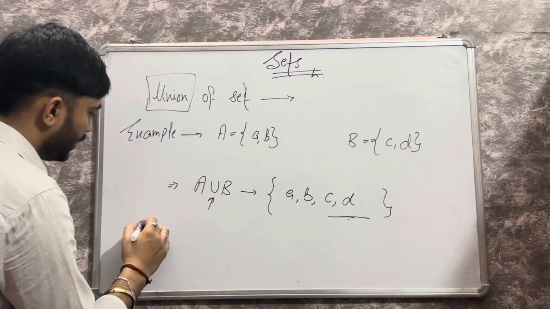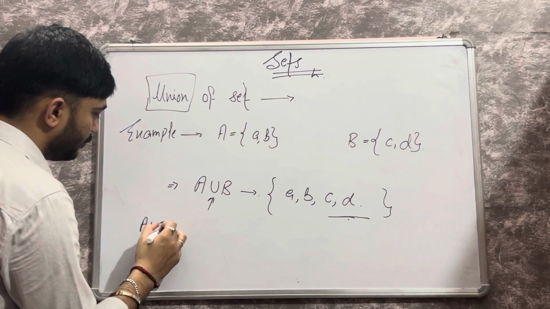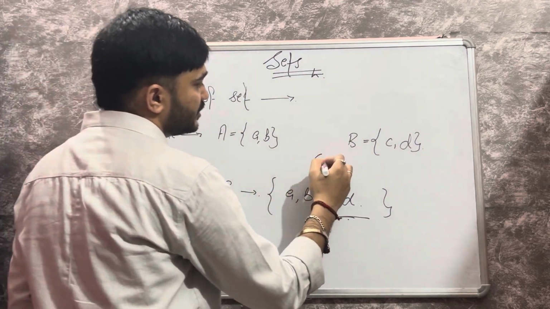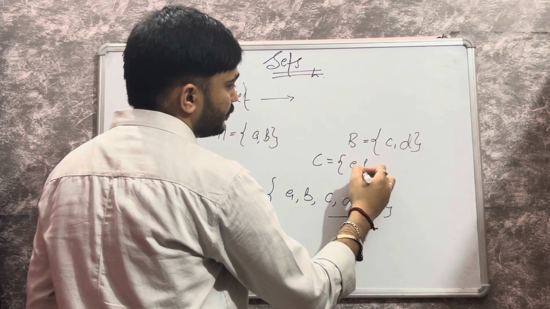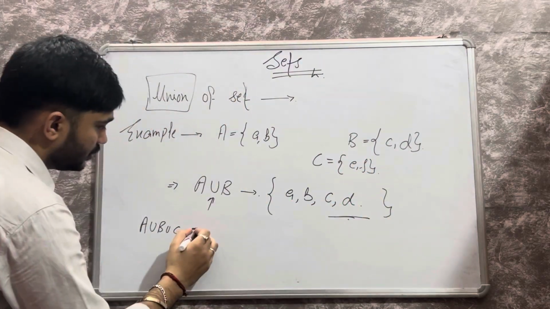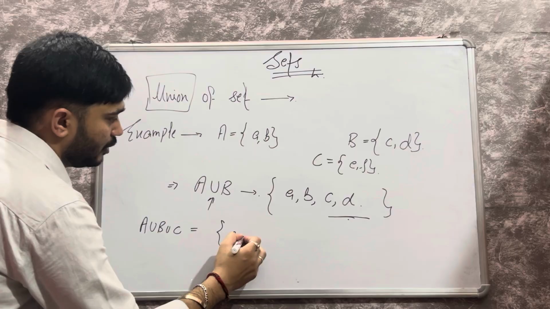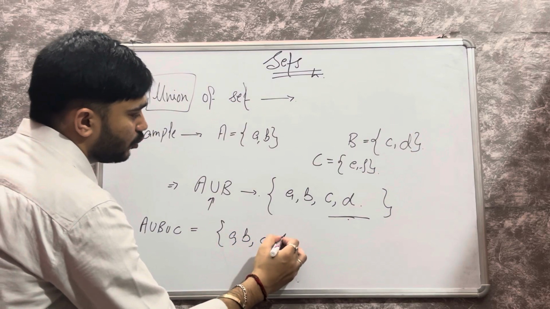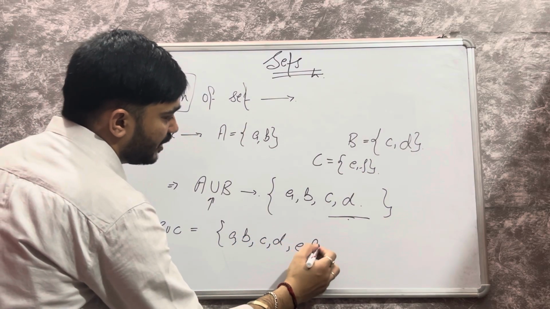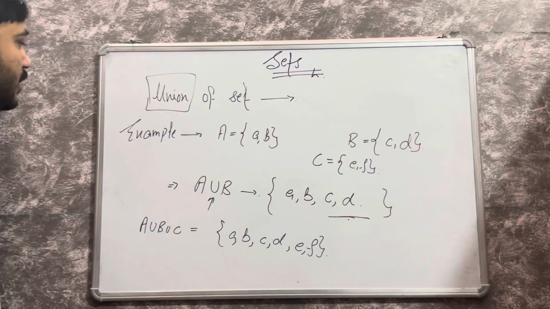If I write A union B union C, where C is e, f, what shall be its union? Then it should be a comma b comma c comma d comma e comma f. Any doubts? Take the screenshot.